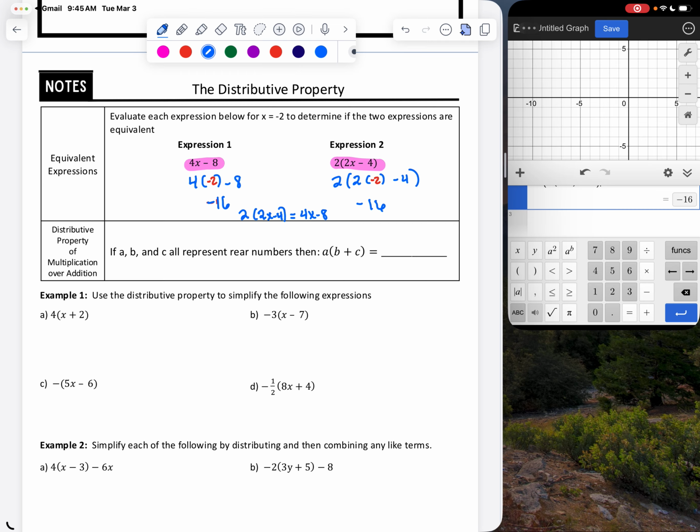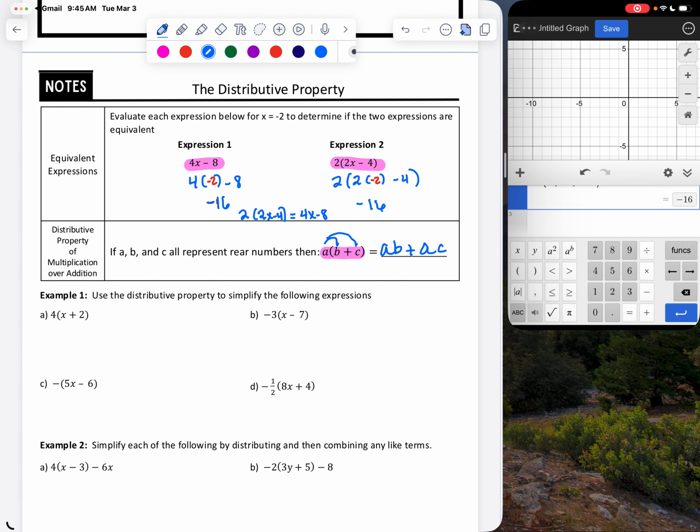So if you have the algebraic expression a times the quantity of b plus c, you would simply multiply everything in that parenthesis by a. So a times b is ab, and a times c is ac. This is our distributive property of multiplication over addition.